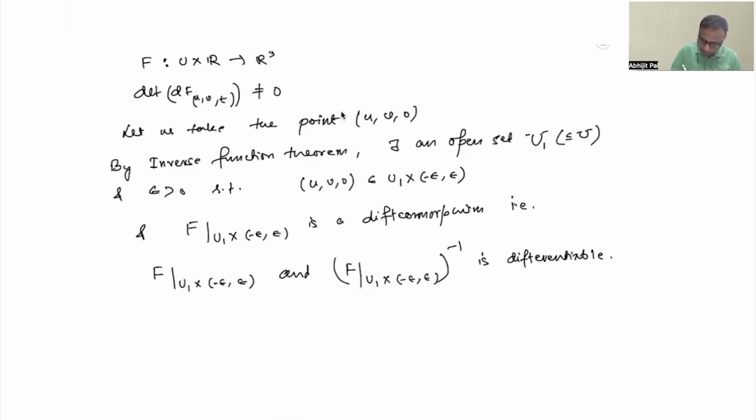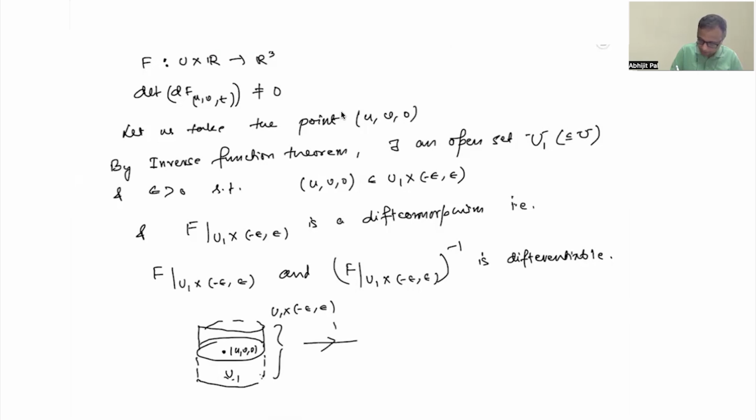This is my, say, U1, which contains the point (ub, 0). You take this open set, so the whole thing is U1 cross (minus epsilon, epsilon).